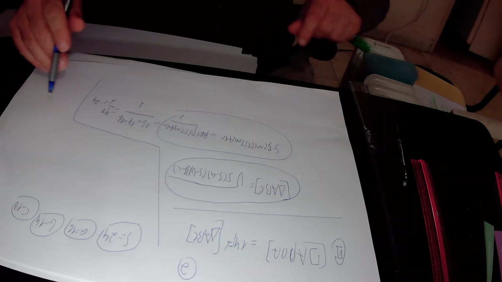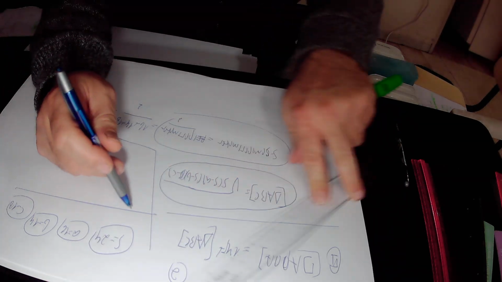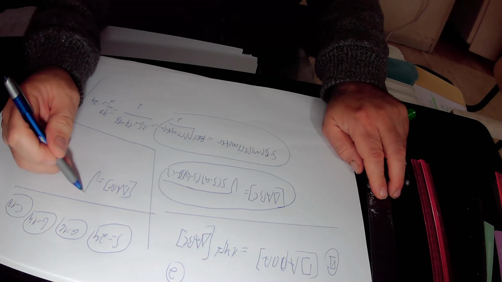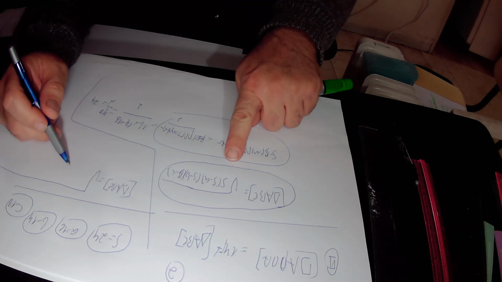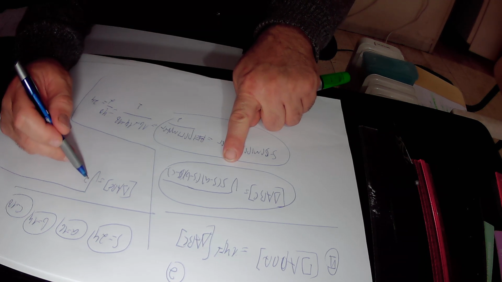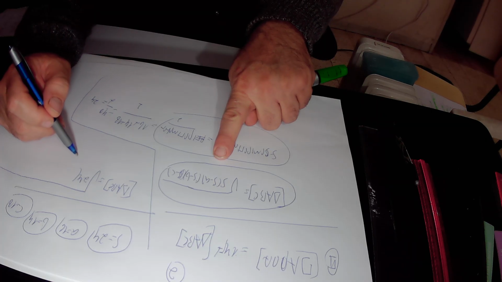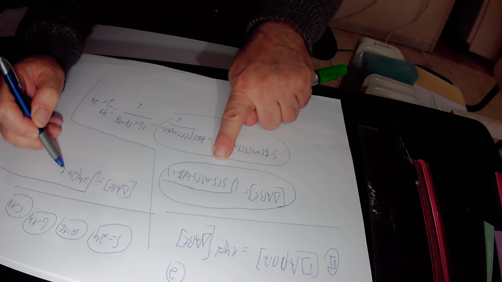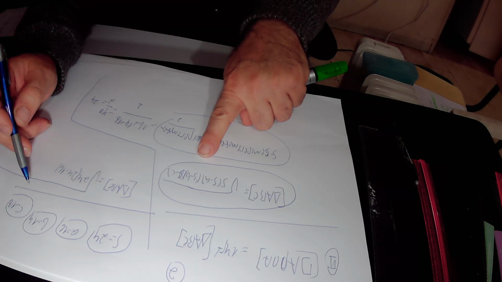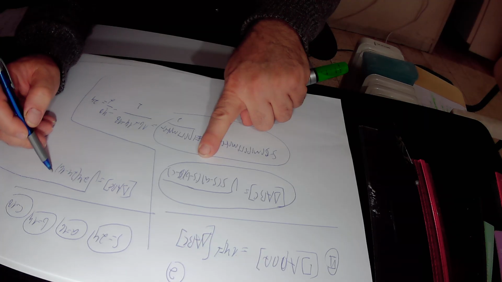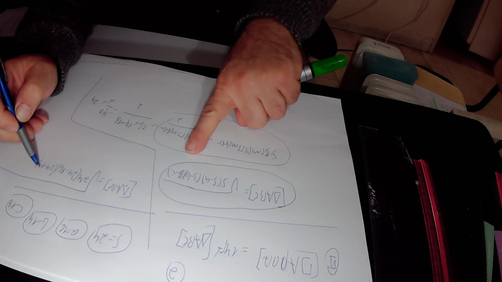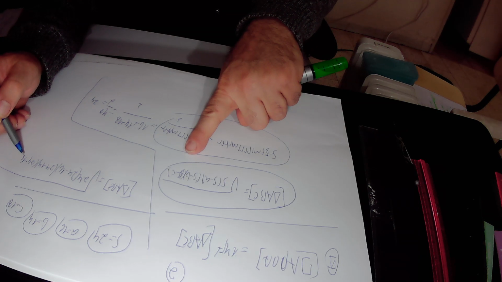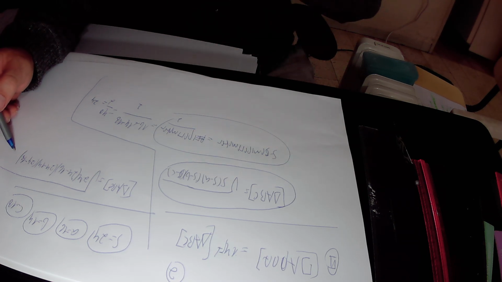The area of our triangle ABC is equal to the square root of S, that is 24, times S minus A. S is 24, A is 16, so it is 24 minus 16, times S minus B. S is 24, B is 14, so it is 24 minus 14, times S minus C. S is 24, C is 18, so it is 24 minus 18. All inside the root.